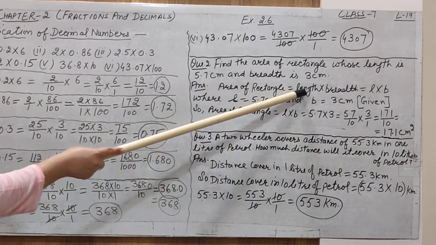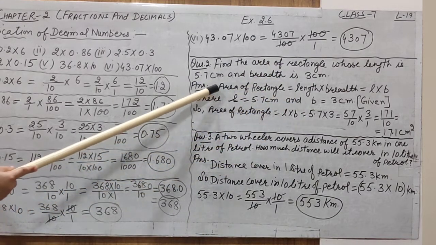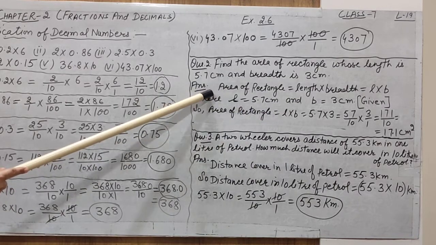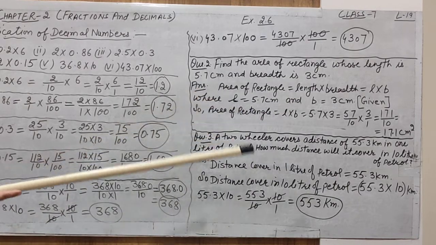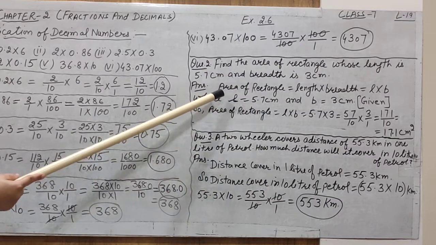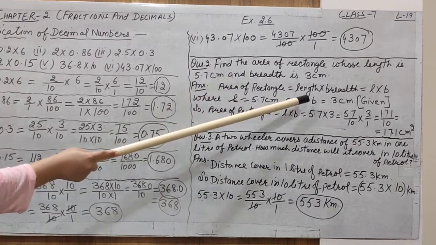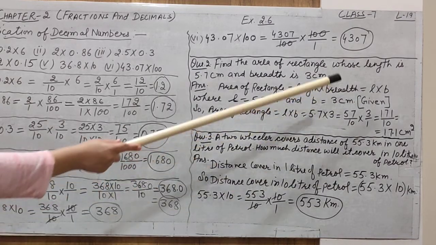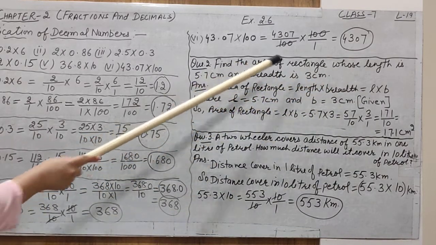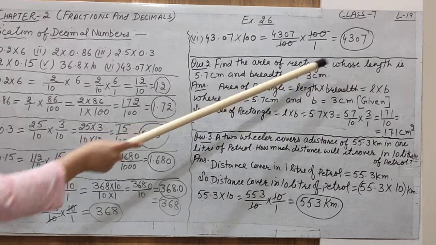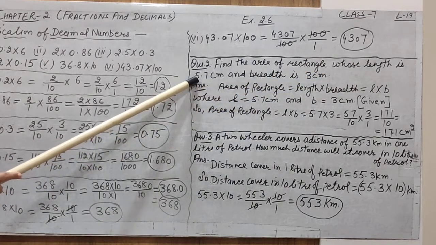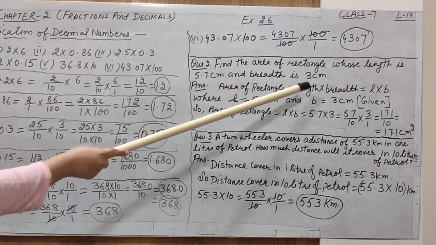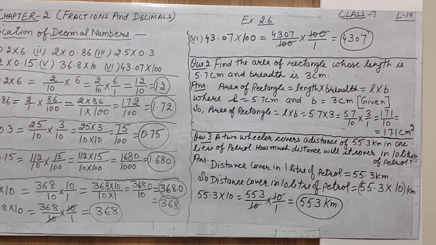That is length into breadth. So you must remember the formula of area, perimeter of square and rectangle as well. Now the area of rectangle is length into breadth, that is L into B. Find the area of the rectangle whose length is 5.7 centimeter and breadth is 3 centimeters.